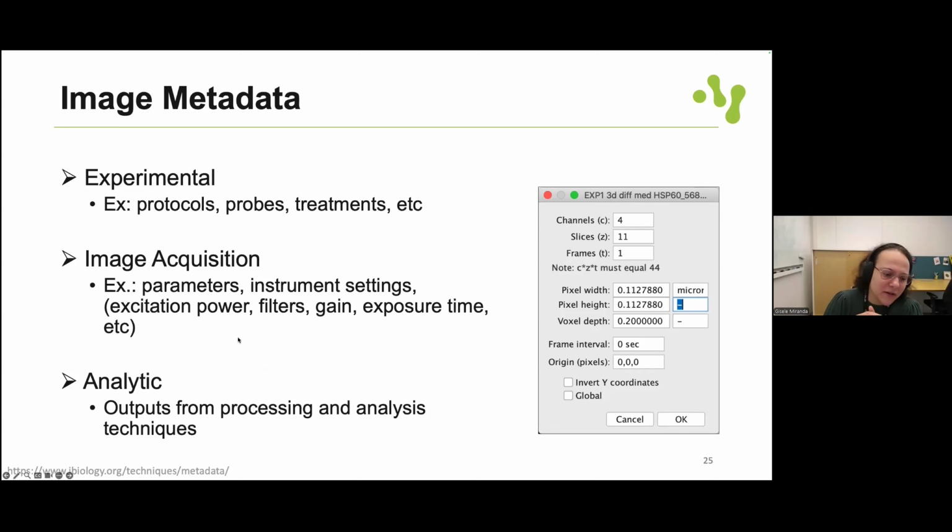But also other analytic information like outputs from processing and analysis. So in Fiji, for instance, you can access this metadata information.